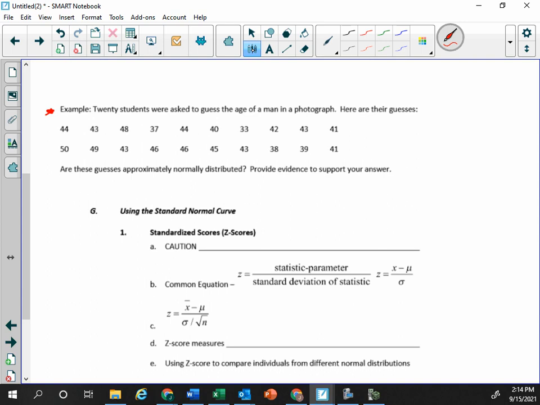Okay, so these guesses are approximately normally distributed.